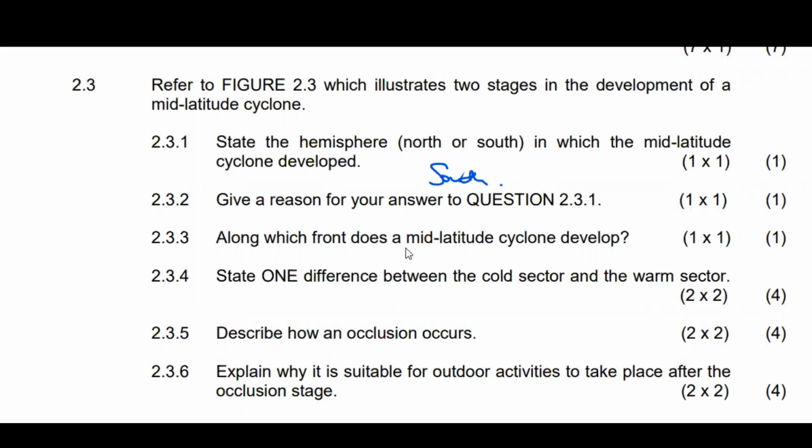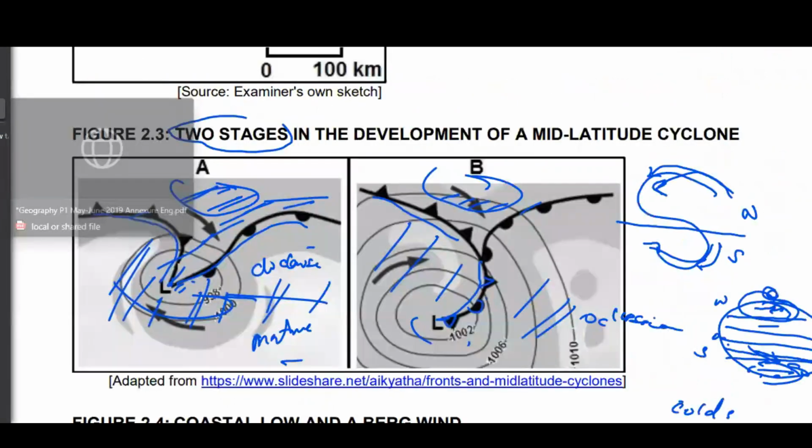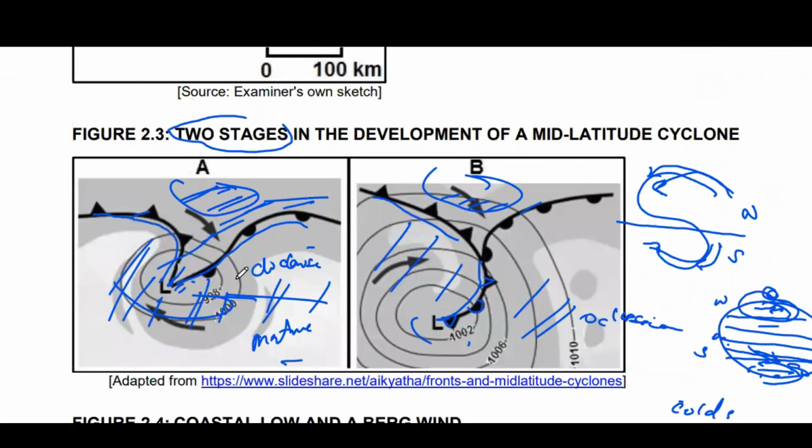Give reason for your answer. You see that by reading the diagram, you already have the answers. The reasons are there. We talked about the spinning of air, which is clockwise. Air rotates clockwise. The warm sector is facing northwards. The cold sector is facing southwards. All these ones, the rotation of air is clockwise.